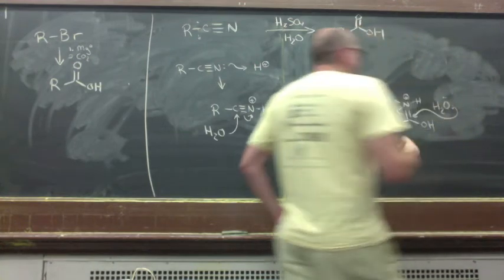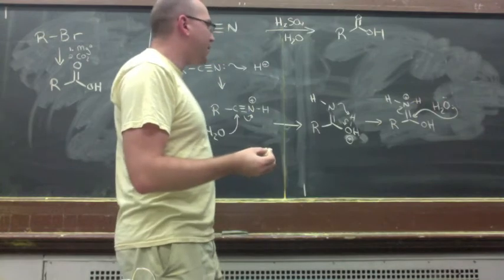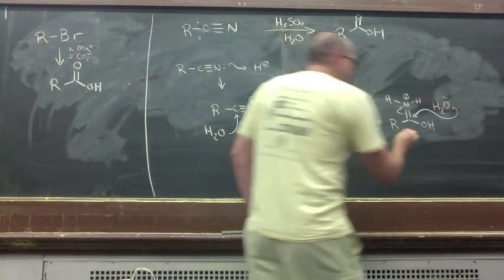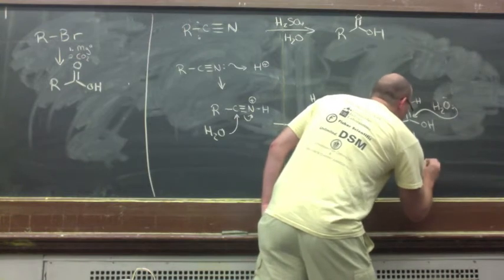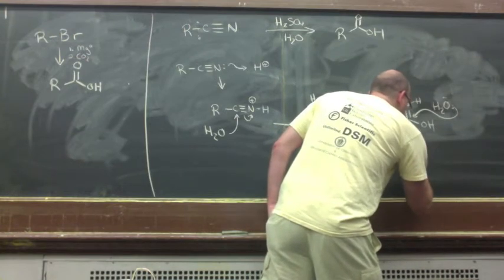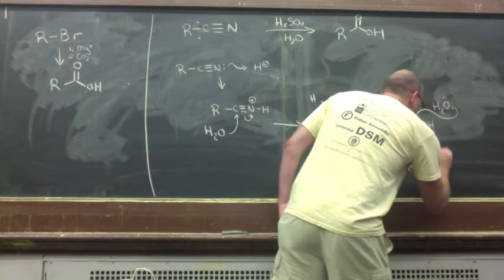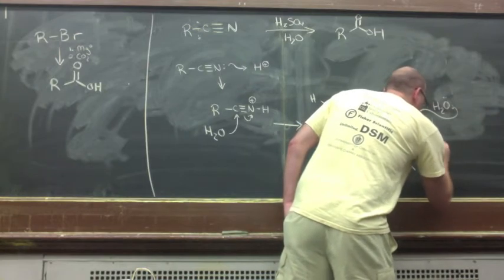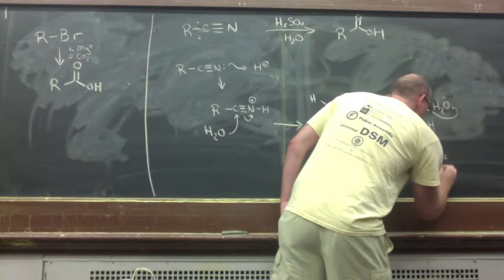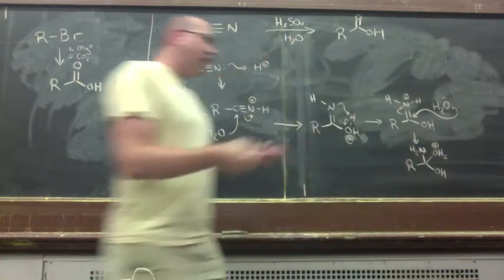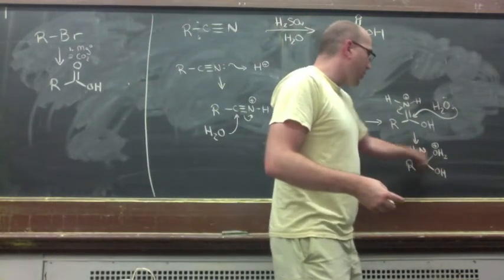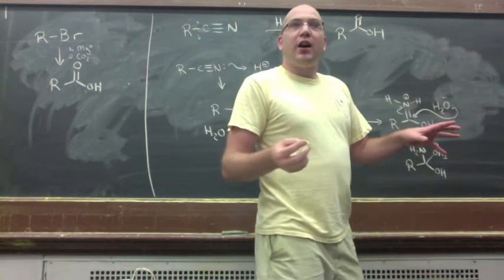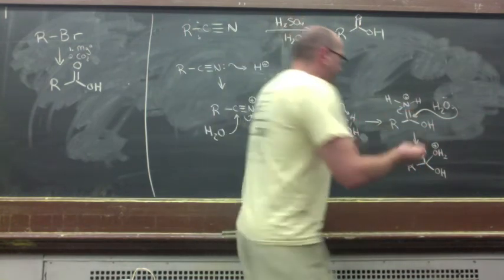Again, for the sake of time, I will just say, once we add in, and for the sake of time, what we're going to see here is that you're going to get the proton transfer, we're going to lose ammonia, or whatever, I'll just draw it.